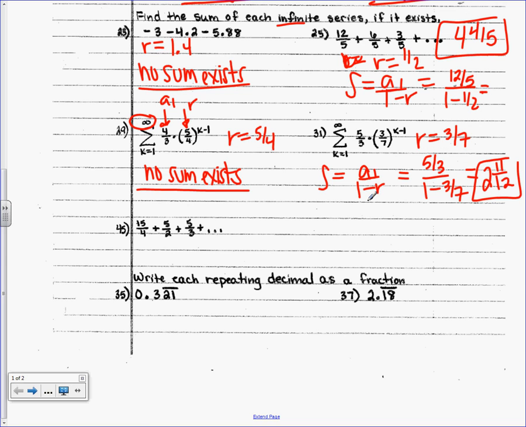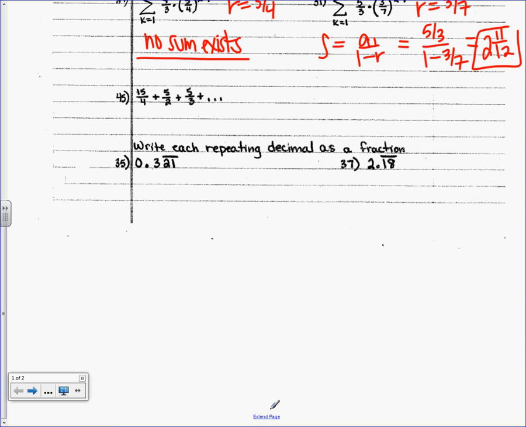Anybody confused? Okay. Why don't you try this next one completely without me? Number 45, do it all without me. Find r, see if a sum exists. If it does, plug in the formula.